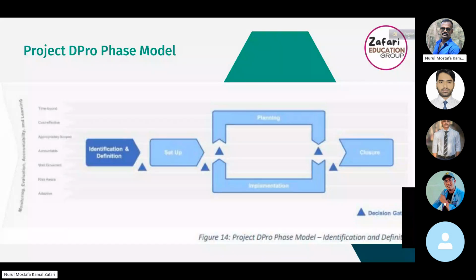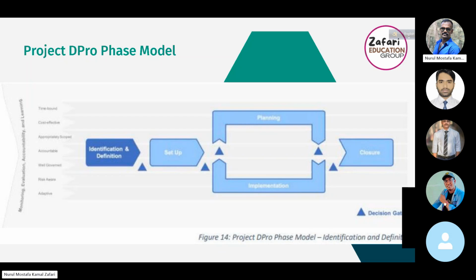We shall see every project has an identification and definition stage, then the setup stage, then the planning stage, and also the implementation stage and the closure stage. And in this diagram, we see a triangle, whose name is the decision gate. It means, suppose we identified a project and we defined the project, but the idea has not been approved by the donor.